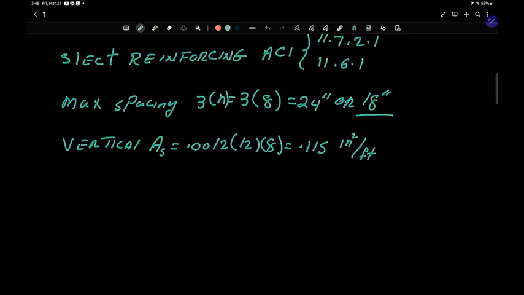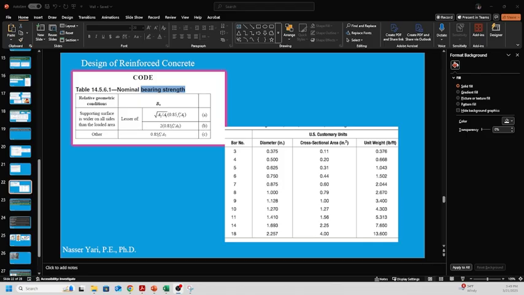And if we put that in, we're going to say, okay, use number 4 bar at, we said, 18 inch on center. And number 4 bar, let's take a look at what the area of number 4 bar is.